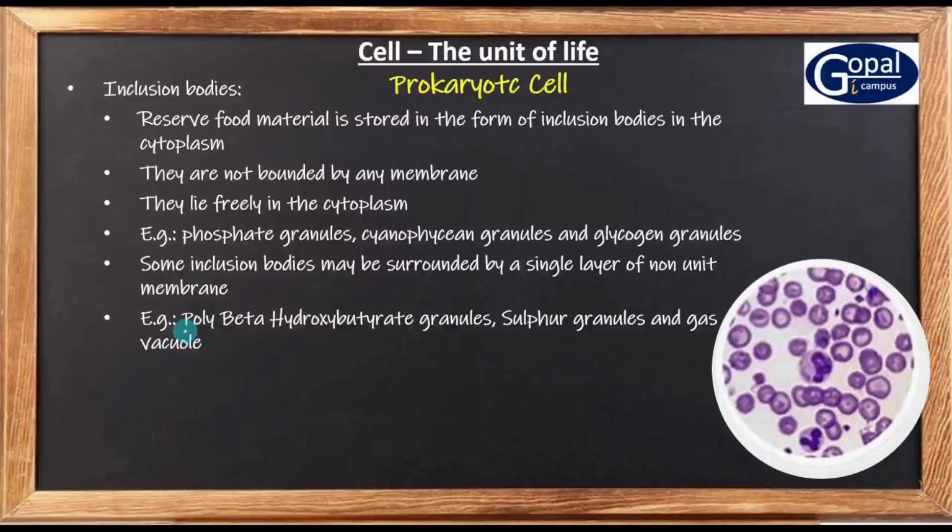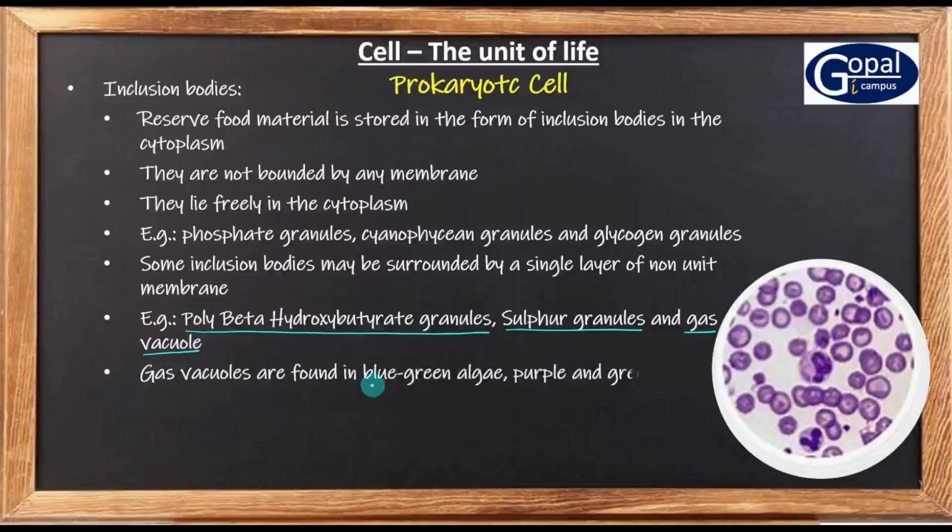They are poly-beta-hydroxybutyrate granules, which are reserve food material in bacteria. Sulfur granules and gas vacuoles. So these are the examples for inclusion bodies. These gas vacuoles are not seen in all prokaryotes.